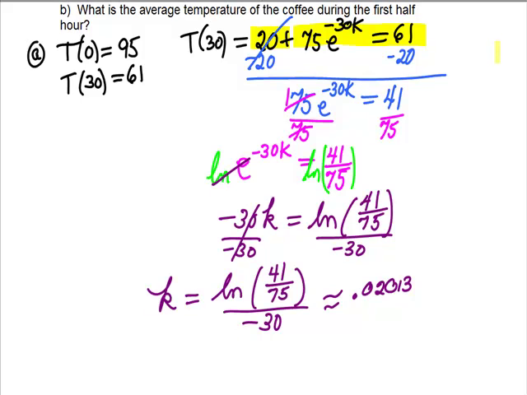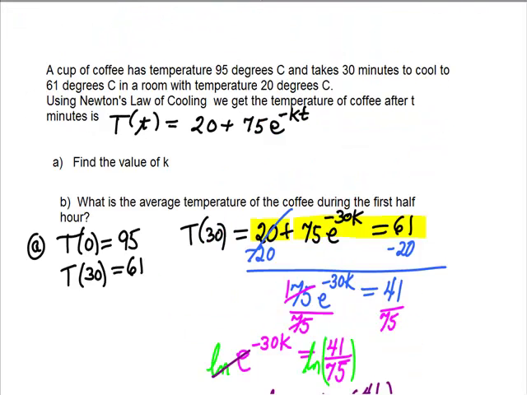Okay, so now I am going to replace the k in the original problem. So I'm going to go back here, back to the original problem, and this k will now get replaced with the value that we just figured out. So I'm going to rewrite the equation. That'll be the temperature of that particular cup of coffee in that particular room.